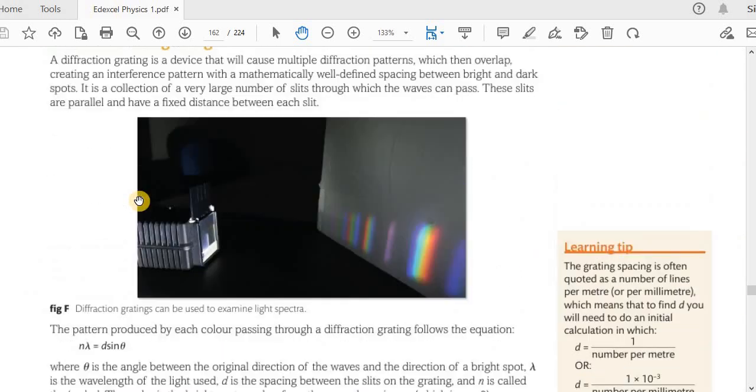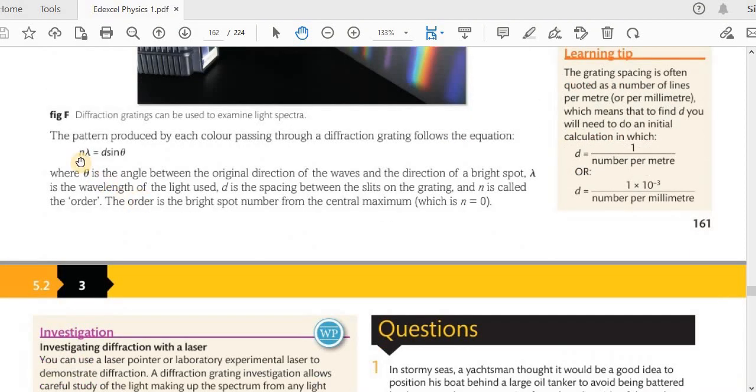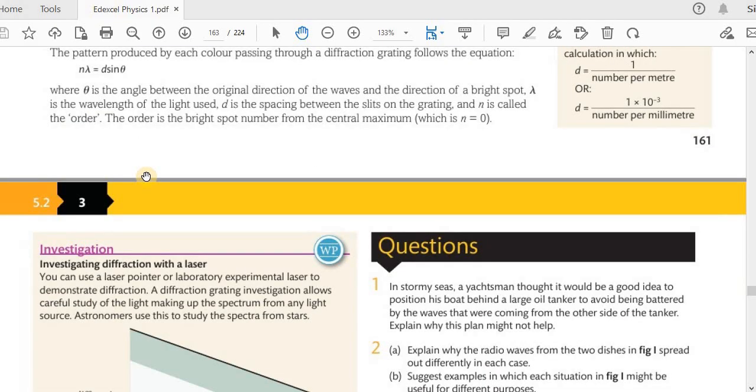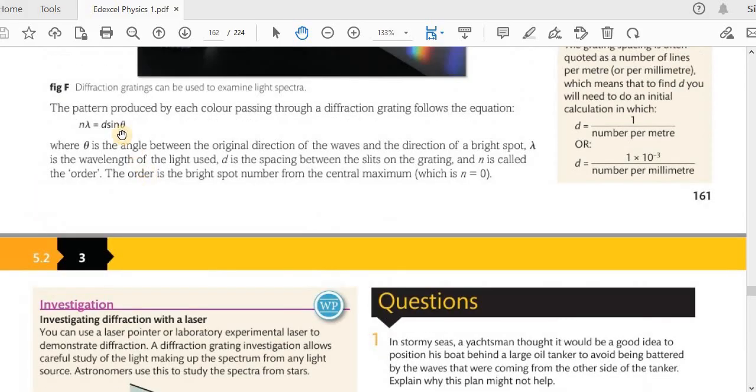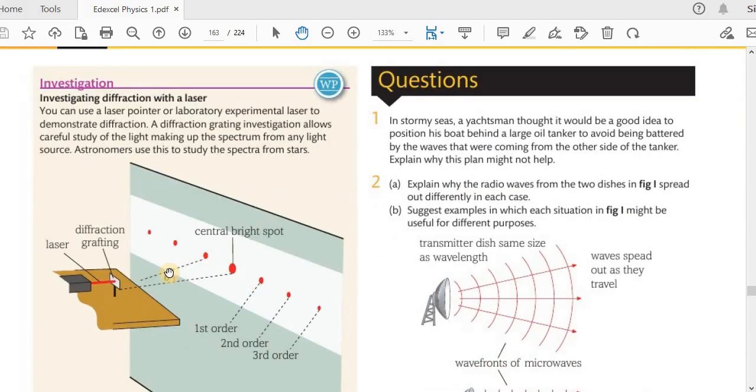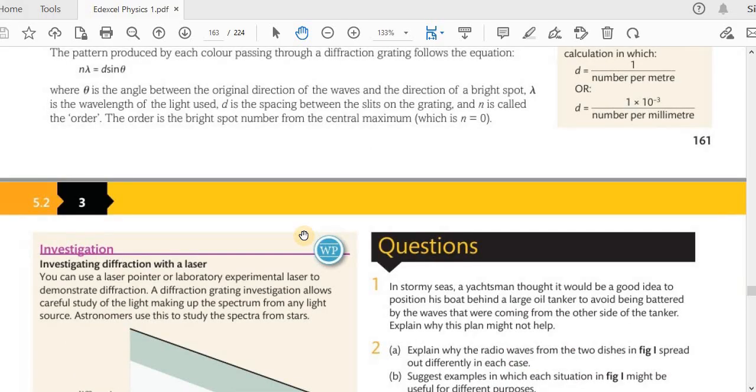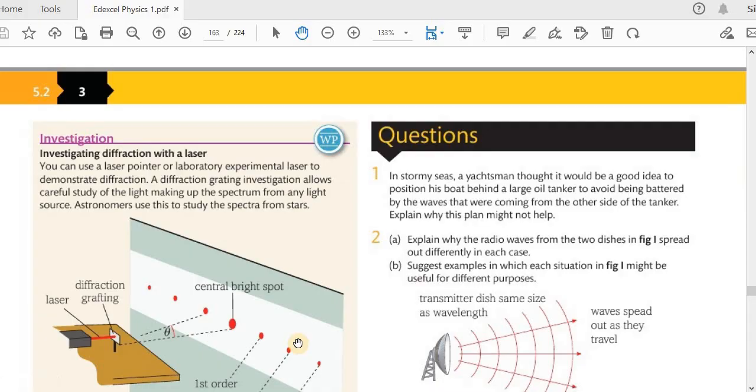If you substitute that number here, then the angle will be the angle from the central maximum to the first order, second order, third order maxima. Okay, so that's the angle. Then d depends on the diffraction grating only.